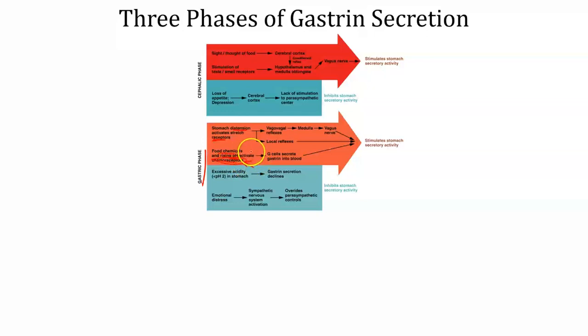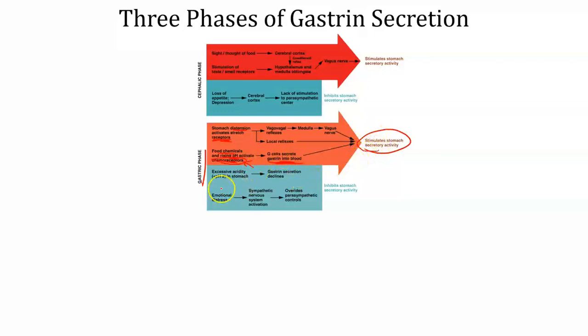And so when stuff enters your stomach, the pH rises because the acid's being diluted. And so either of those chemical signals or those mechanical signals, ultimately through different pathways, will do the same thing. They will cause gastrin to be released and the stomach to start churning and releasing more and more acid.